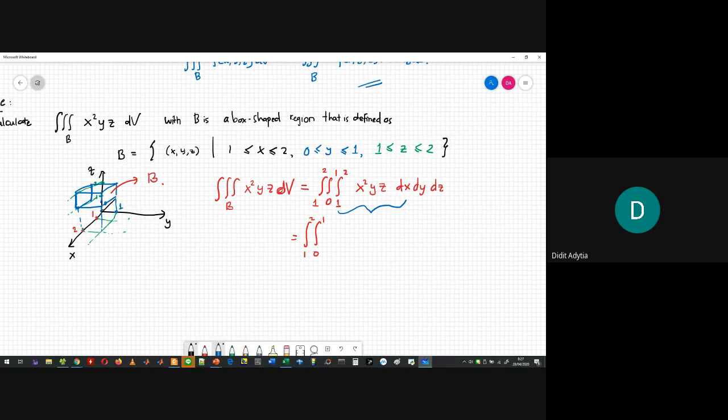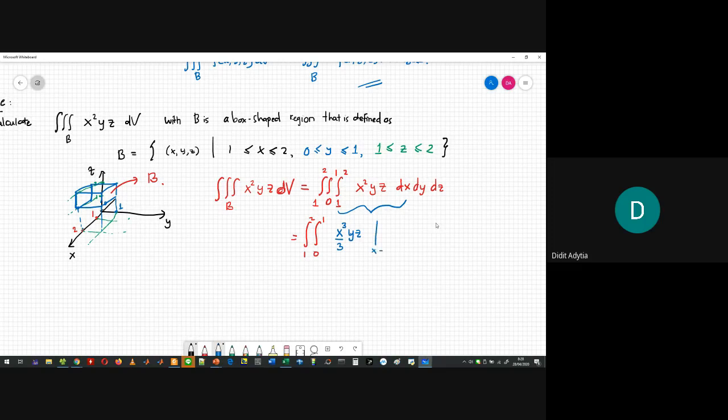Saya pakai biru ya. Y and z ini kita anggap sebagai apa? Konstanta, okay? As a constant. Then we write down first. Okay, konstanta, kemudian x square we integrate as, jadinya apa? X pangkat 3 per 3. Benar nggak? Benar ya?